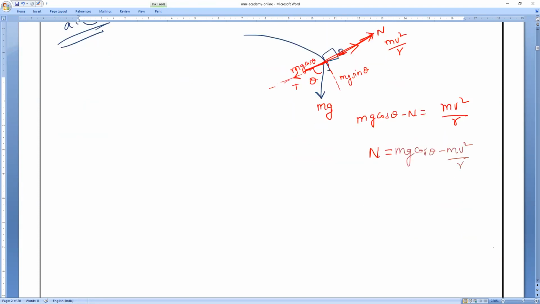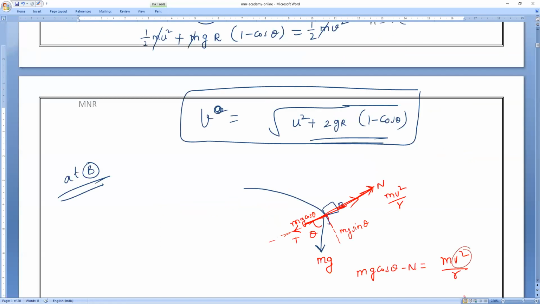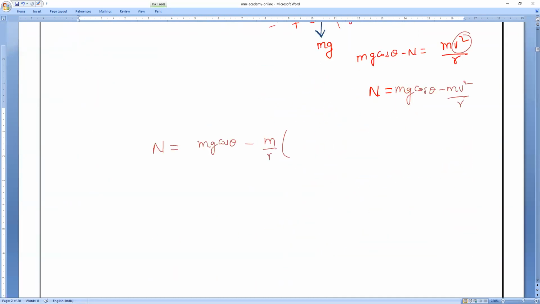Now we all got it. We just replace the v. So N is equal to mg cos theta minus, let me take m and r common. And for velocity, we already got v square, which is u square plus 2gr into 1 minus cos theta. You just replace this at this point.